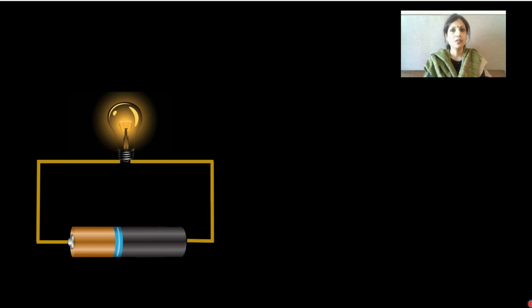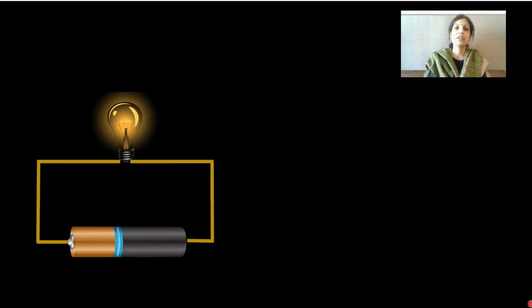But imagine you have to supply electricity to the whole town. You have to supply electricity around the world to millions of houses. Are you going to build up the batteries? Imagine the amount of chemicals we are using. Imagine the mess.